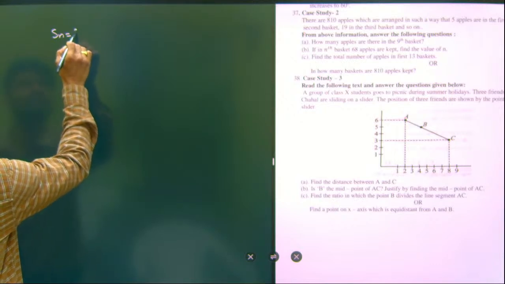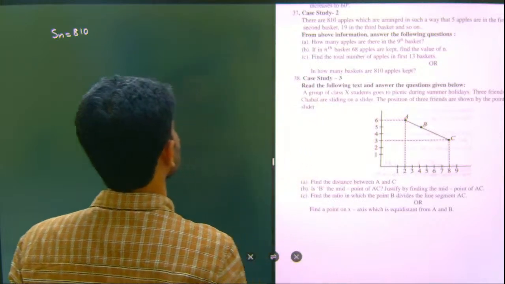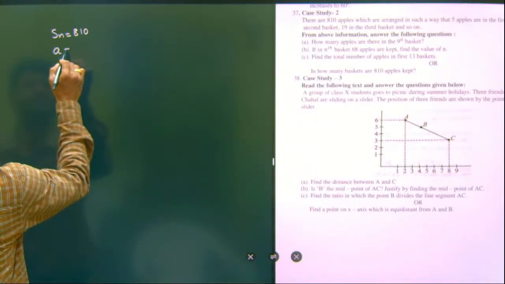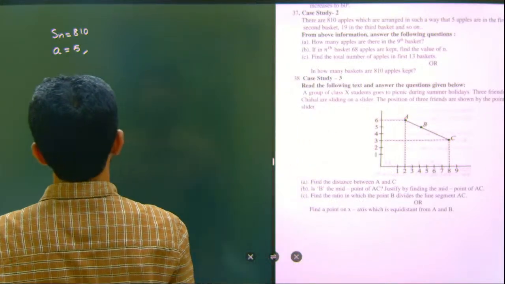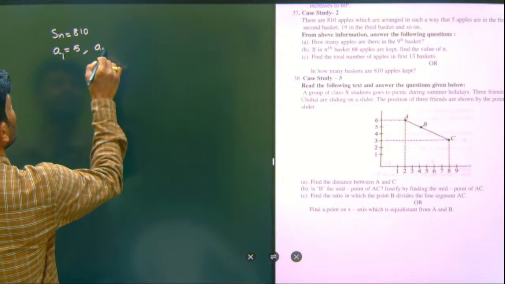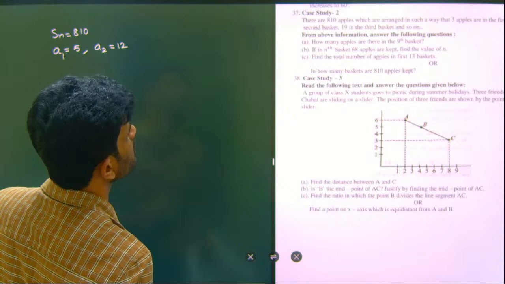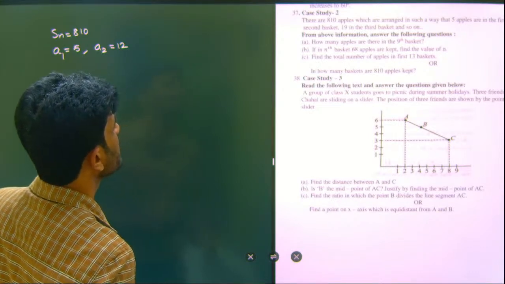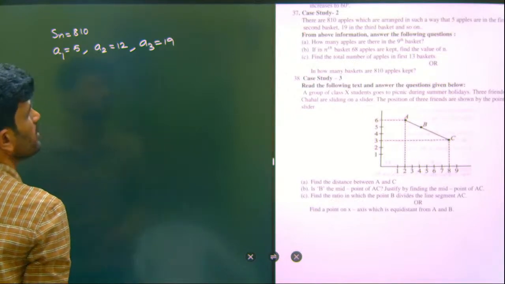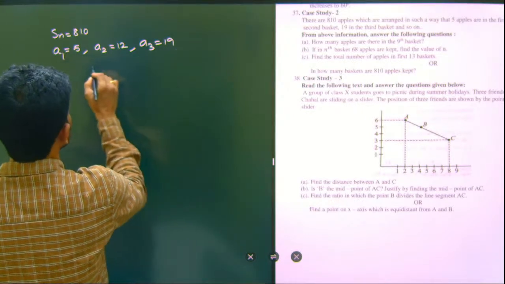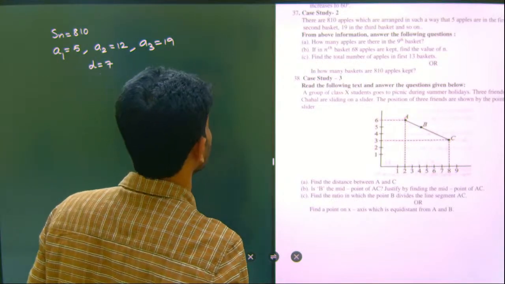Total number of apples is 810. 5 apples are there in the first basket, so a is 5, 12 in the second basket, 19 in the third basket, and so on. a1 is 5, a2 is 12, a3 is 19. By this we can know d is equal to 7.